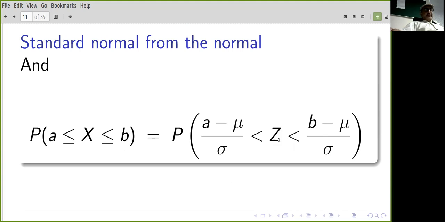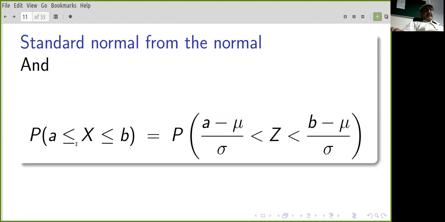The way we do it is what we did before. We subtract off the expectation of X and we divide by the standard deviation.